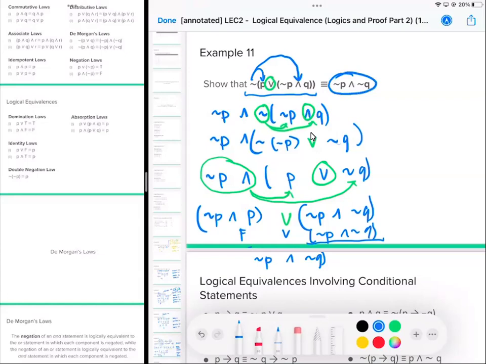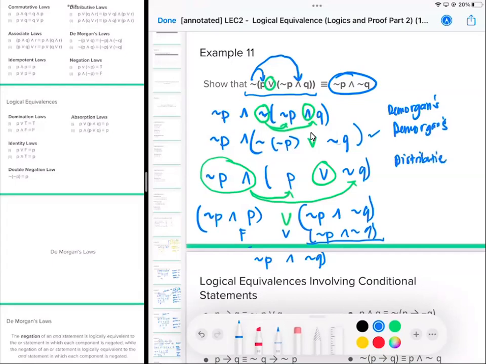logically equivalent. So we have the first statement, we used De Morgan's. And now the next statement, we used De Morgan's again to further simplify. And for this, we used the distributive.